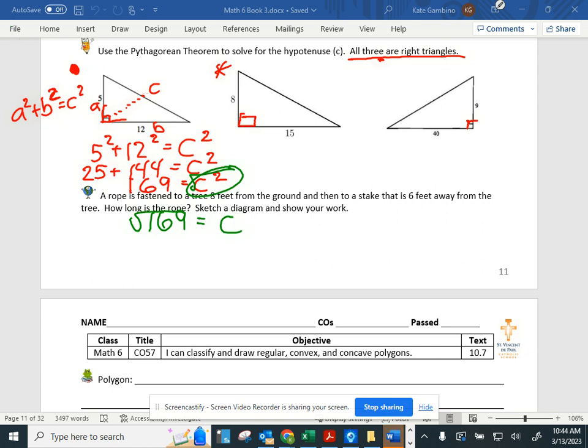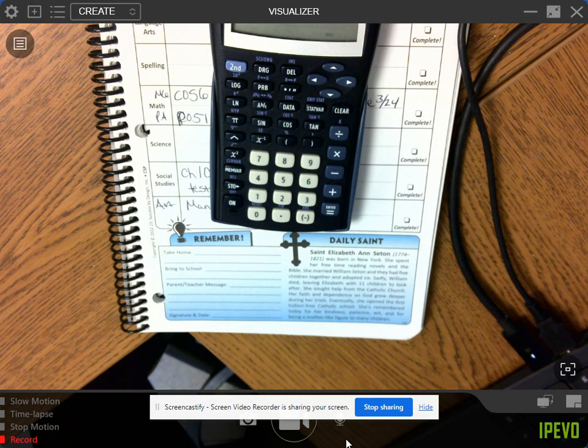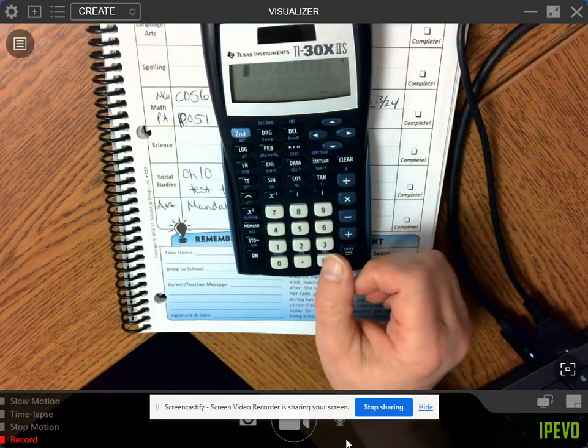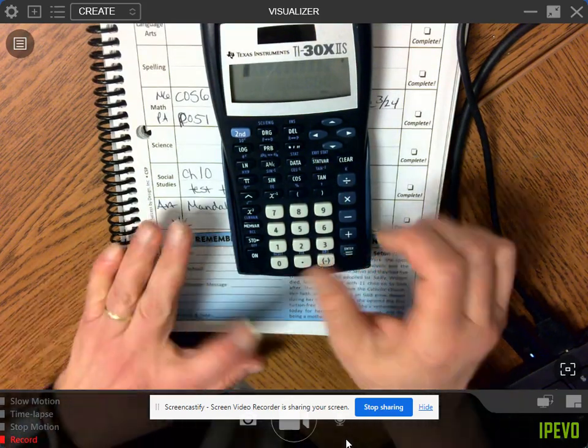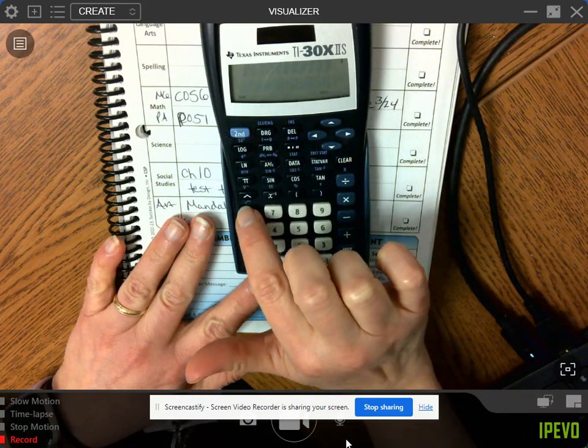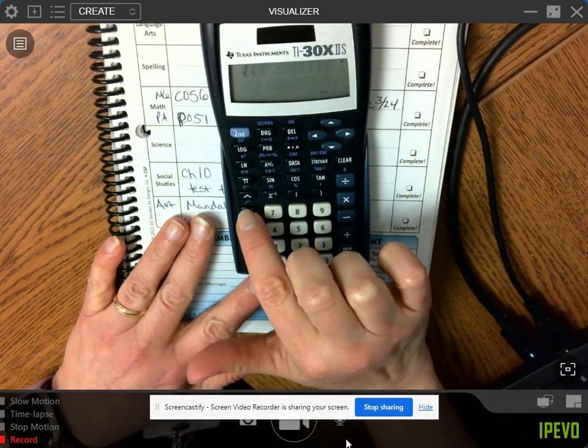Do we remember how to find square roots on our calculator? No. So let's look at our calculator. In order to find the square root, you go to second, and then to where that square root symbol is.